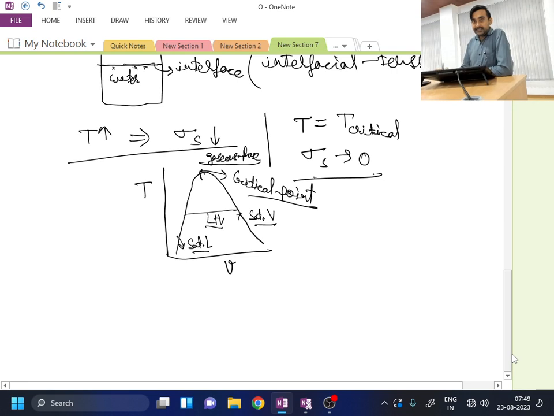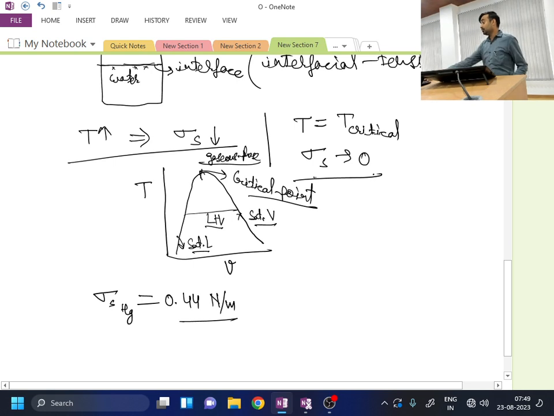Now, let's also see the surface tension of mercury. Mercury has a surface tension value of 0.44 newtons per meter. So you can see how high the value is.